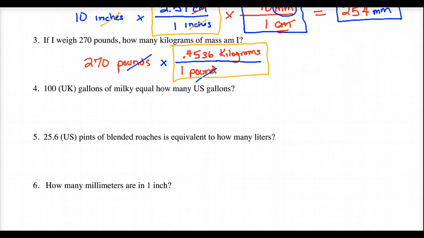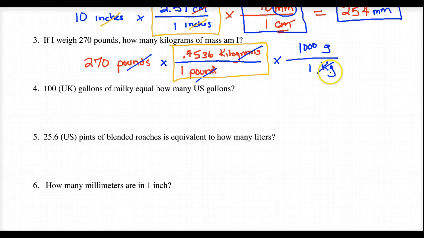I'd continue it the same way, except now I'd have to get rid of kilograms, right? So I want to cancel my kilograms to get grams. Kg, I should say, is an abbreviation. Now I know kilo means 1,000, so there are 1,000 grams to 1 kilogram.